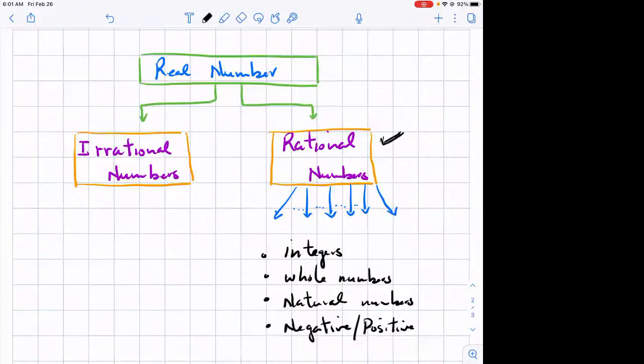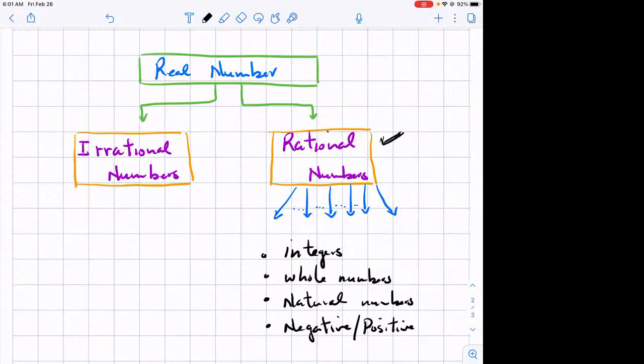So if someone asks you, well, what is pi? And you're stumped and you don't know what to say, at least you should say it is a real number, right? Because real number is the heading of any number out there.